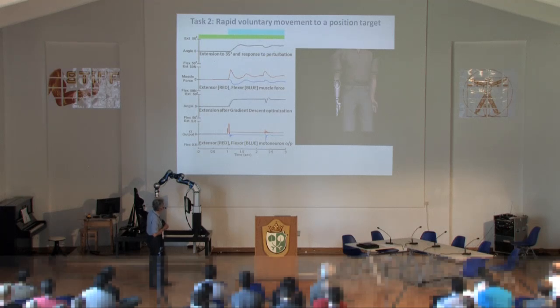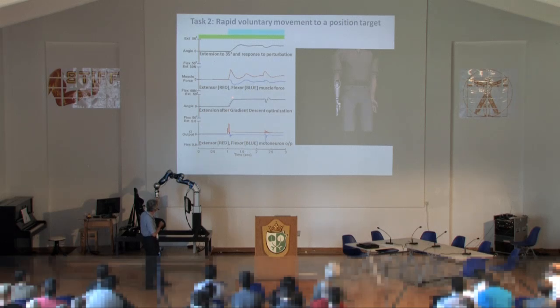So here's a slightly more ambitious task. Now we are maintaining stability initially and then asking the system to go as rapidly as possible to a new angle and hold at that angle and then resist perturbation at that new position. And so when this step comes along, we see phasic activity first in the agonist to get it accelerated upward, then in the antagonist to brake it at that level, and then this phasic agonist-antagonist burst if the system is perturbed.